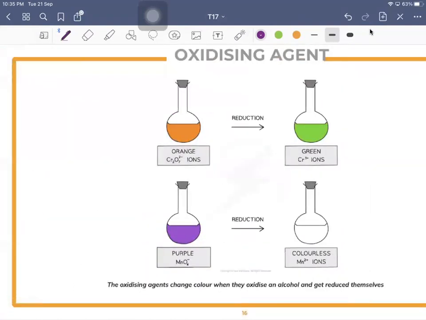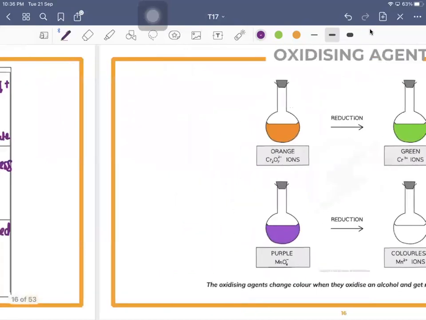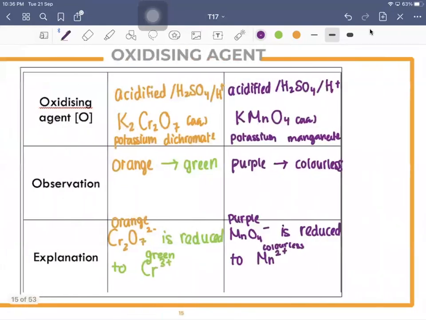Here's a cartoon diagram showing the color change for the dichromate ions into chromium 3 plus ions, and the purple manganate ions to the colorless manganese 2 plus ions when they oxidize alcohol. Itself is being reduced. If you want to copy this down, you can pause the video here.